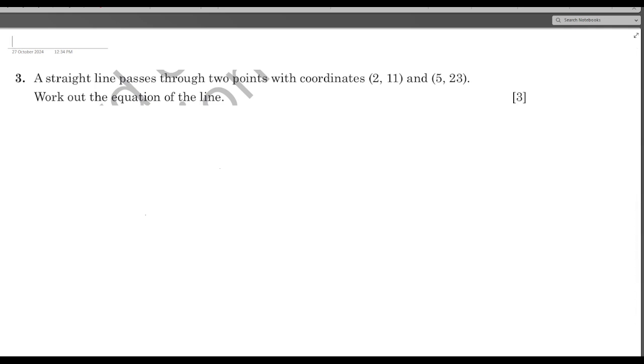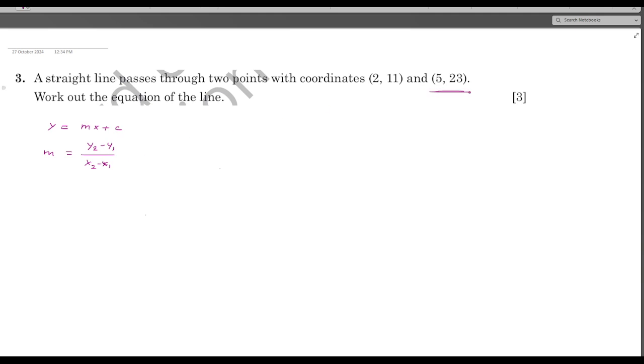Now question number 3. A straight line passes through 2 points with the coordinates (2, 11) and (5, 23). Work out the equation of the line. Now here your equation of the line is in the form of y equals mx plus c, where m is your y2 minus y1 upon x2 minus x1.